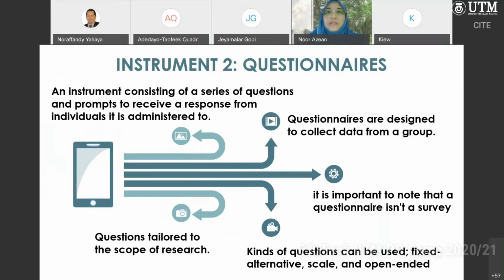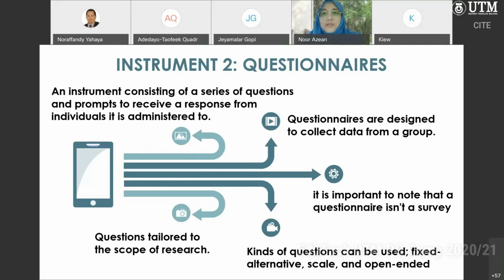Okay. So questionnaires are designed to collect data from a group. For clarity, it is important to note that a questionnaire isn't a survey. Rather, it forms a part of it, right? So a survey is actually a process of data gathering involving a variety of data collection methods, including questionnaires.